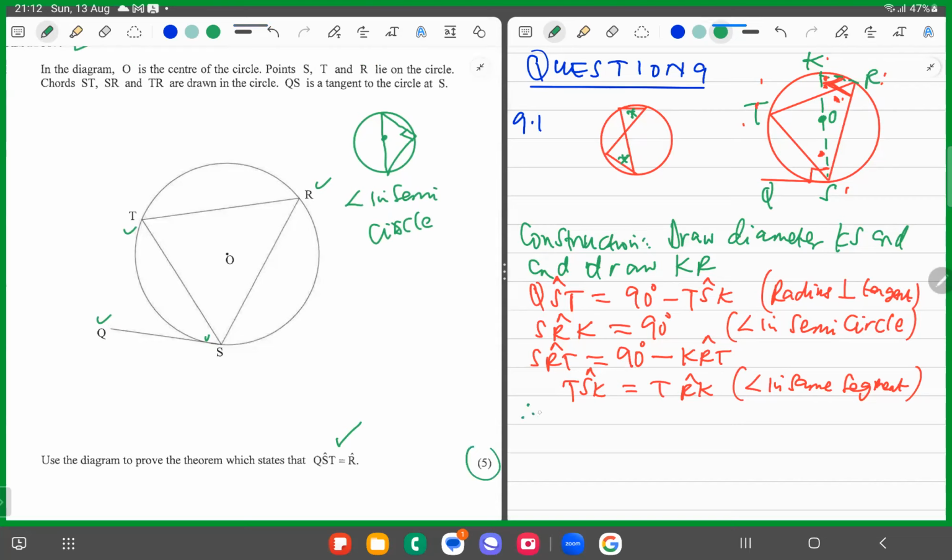So the conclusion is therefore that angle QST is equal to angle R. That is the conclusion we're making.